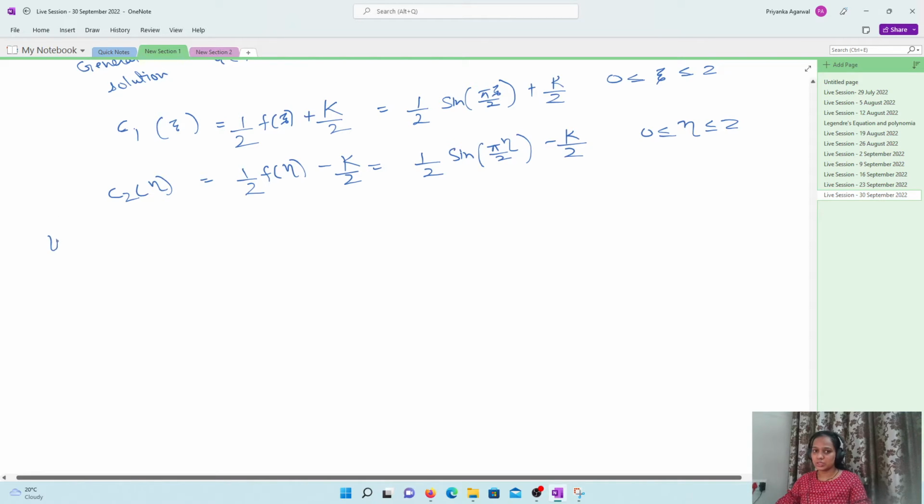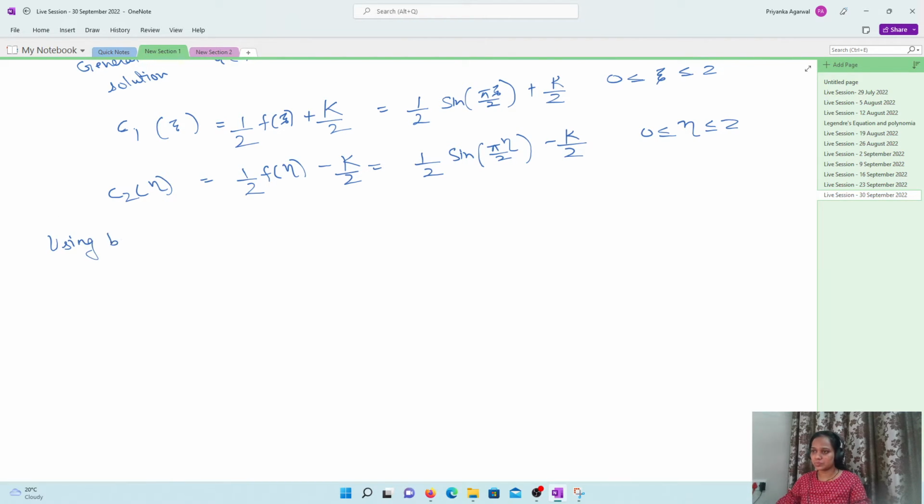Now, using the boundary conditions, we get C2 of beta equals minus C1 of minus beta.